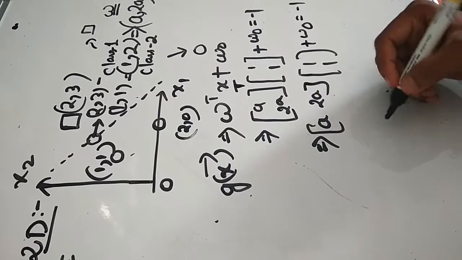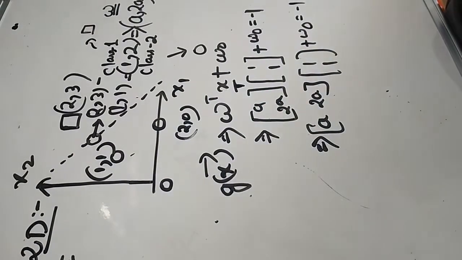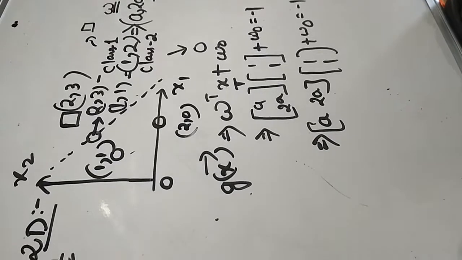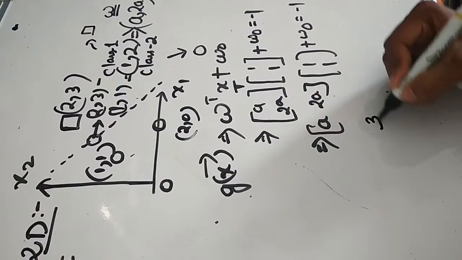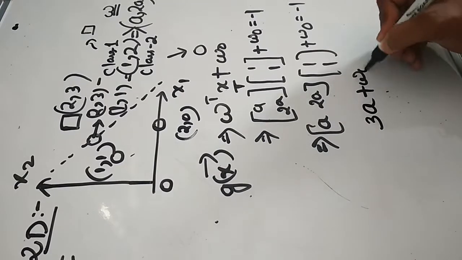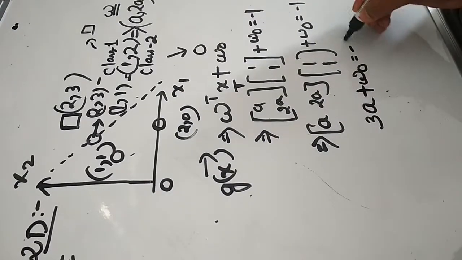So finally we will get the equation of this as 3a plus w0 is equal to minus 1.